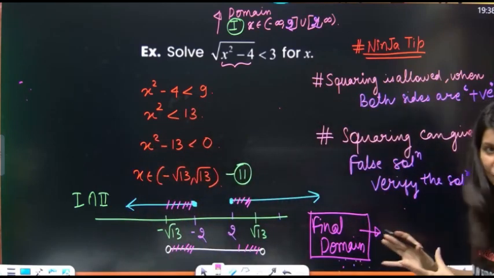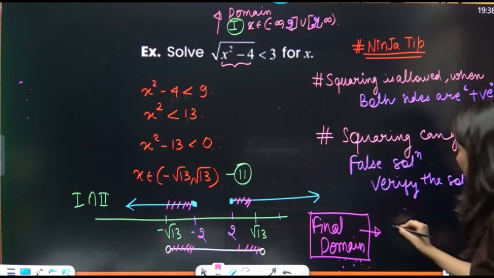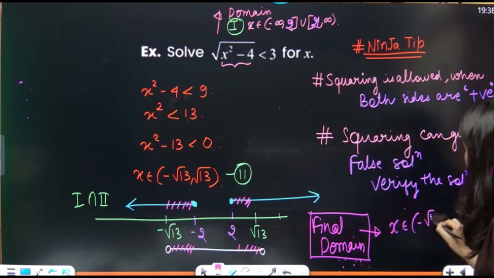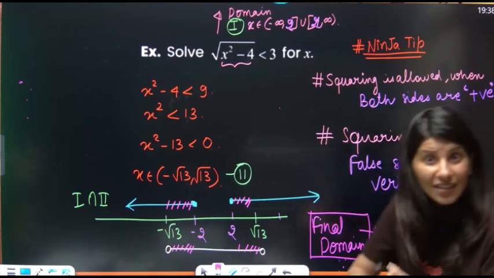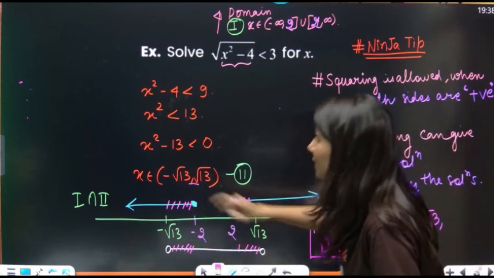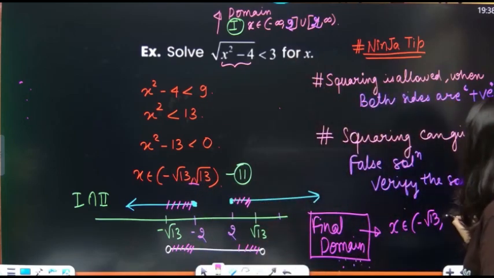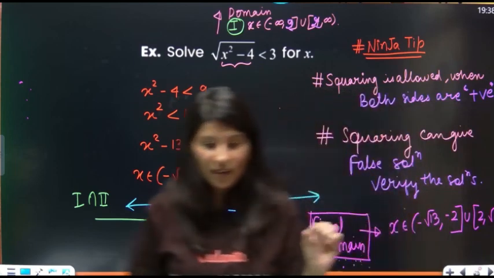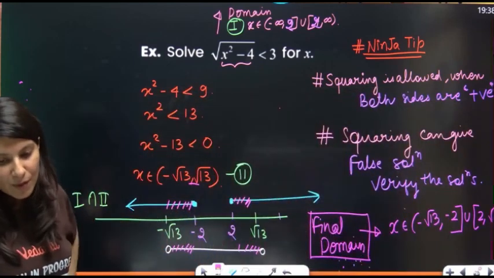Domain is a range, not a number in this case. X belongs to minus root 13 open to minus 2 closed. Can you see minus 2 is also allowed. So minus 2 closed union 2 to root 13. Be very careful about the brackets.